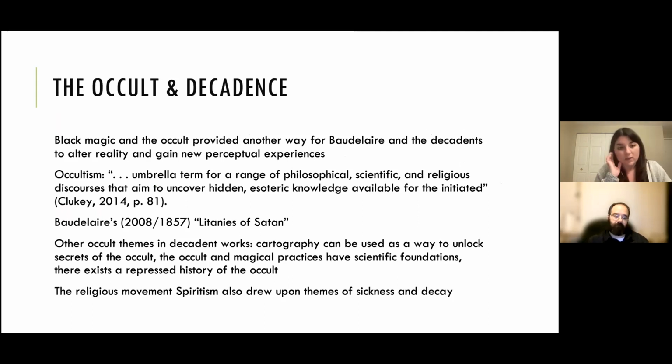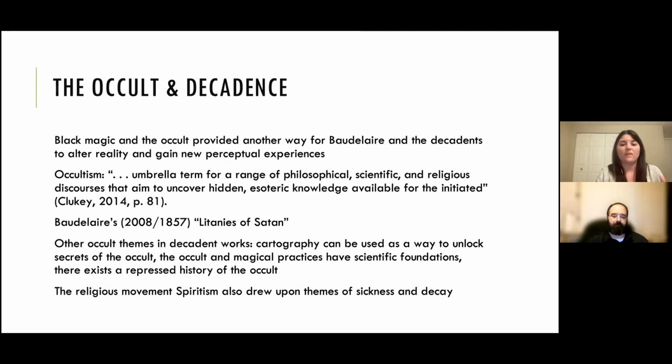So then this led us to take a look at the occult in decadence. Just like drug use was one way for the decadents to access or transform reality, black magic and the occult provided another way for Baudelaire and the decadents to alter reality and gain new perceptual experiences.